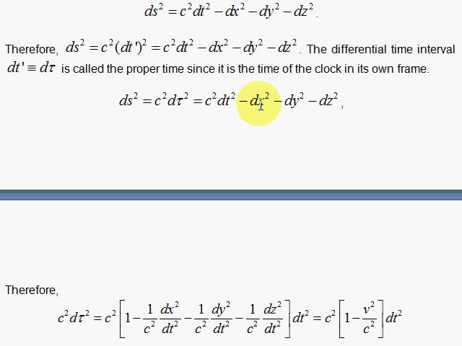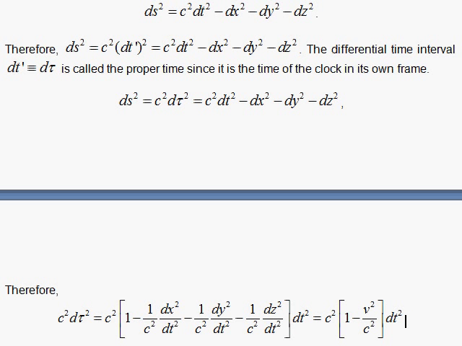And what happens here is you have to divide by the c squared and the dt squared you pulled out. So each of these three spatial ones have the c squared and the dt squared, but this is neat because dx over dt is velocity squared, vx squared, vy squared, and vz squared. So when you add vx squared plus vy squared plus vz squared, you get v squared, and you're dividing by c squared. That's neat. And you have the 1 minus v squared over c squared, and you have c squared out here, dt squared.